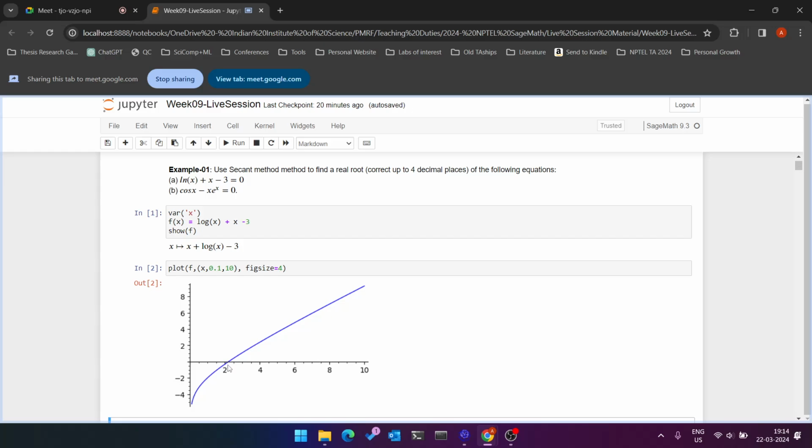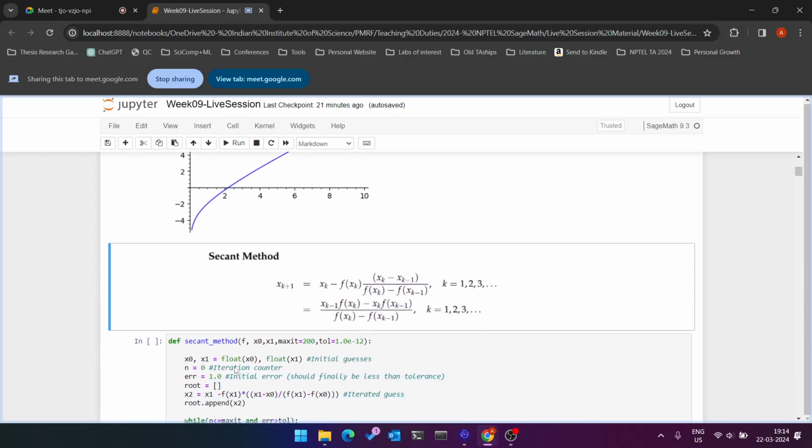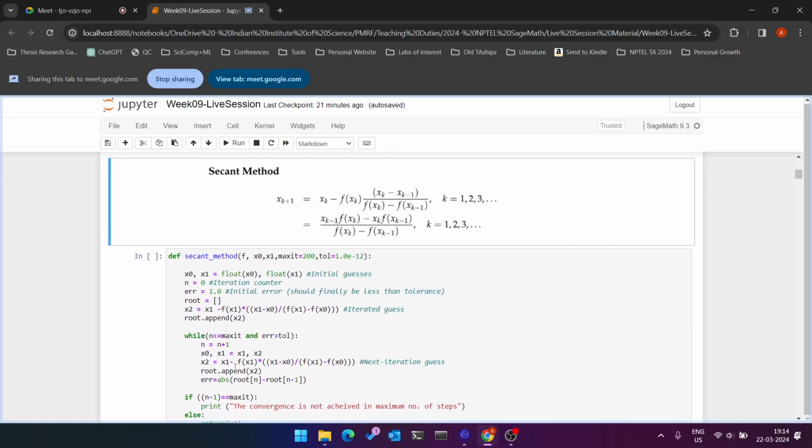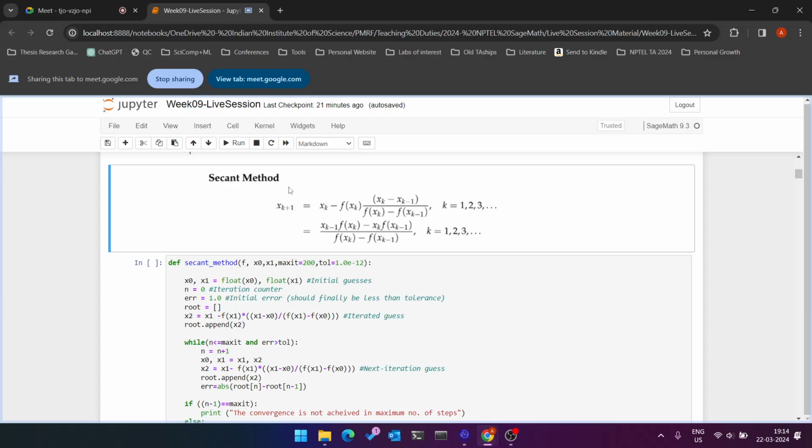We know now that it lies somewhere between 2 and, I think, 2.5. A quick recap of the secant method. It's an iterative, numerical method to get an approximate root.